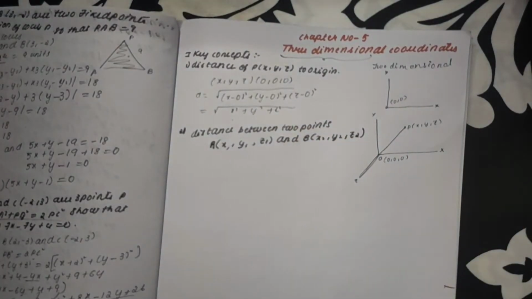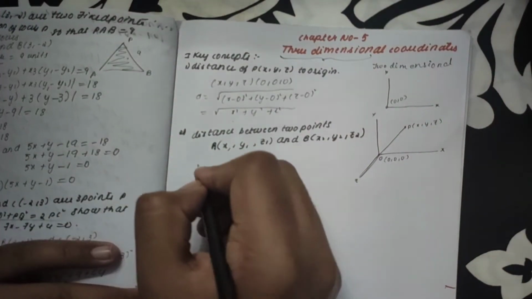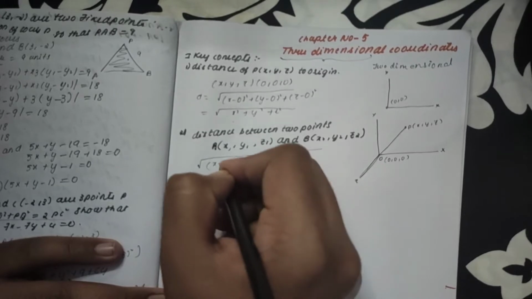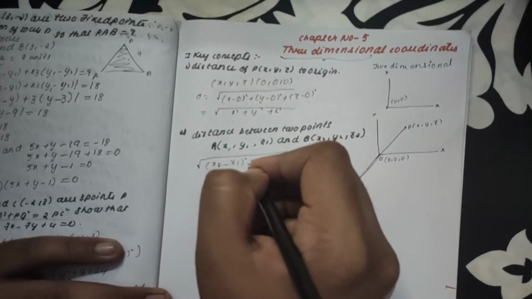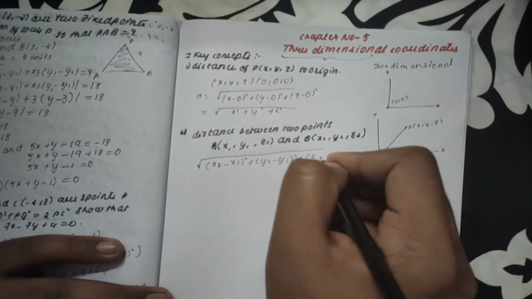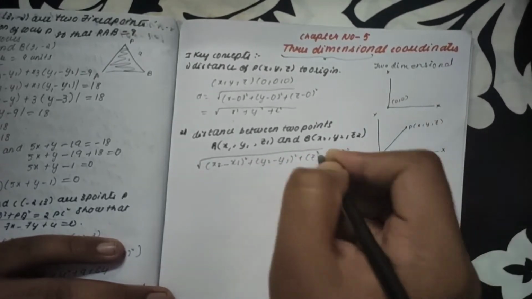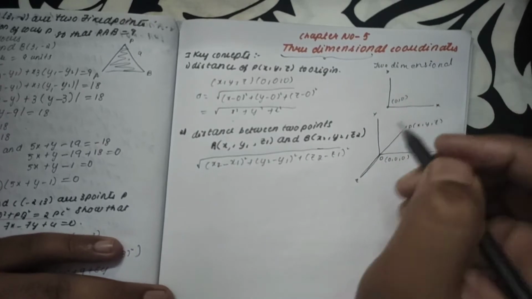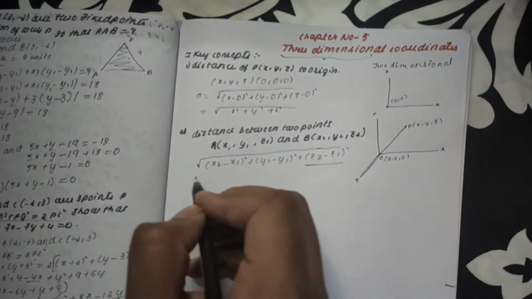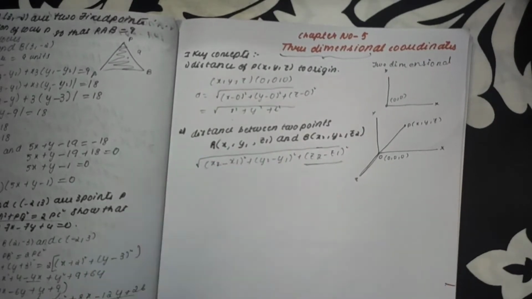We have to apply the same formula which we have applied for two-dimensional. This is root over x2 minus x1 whole square plus y2 minus y1 whole square plus z2 minus z1 whole square. The only difference between two-dimensional and three-dimensional is z2 minus z1 whole square. Rest all the procedure is same.